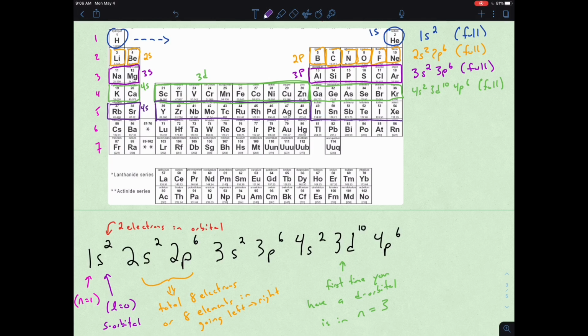And now we have our 4p. So here again we see now we have the 5s2, the 4d10, and the 5p6 that is full. And so we're writing that out here with this energy diagram as far as how we're putting in these electrons in orbits.